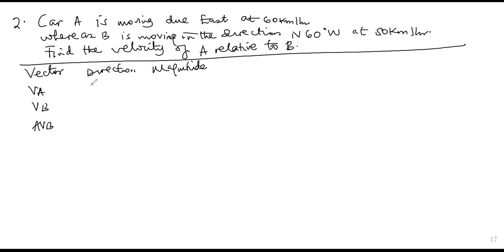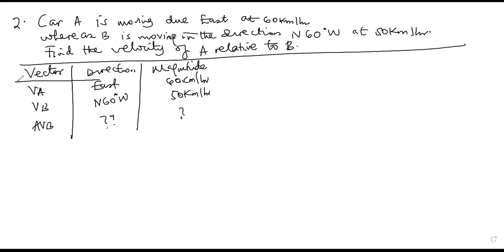Velocity of A is in the direction east, while for B, we're in the direction north 60 degrees west. For this one, we don't know. Magnitude here, we have 60 kilometers per hour, and with this, 50 kilometers per hour. Here we don't know.